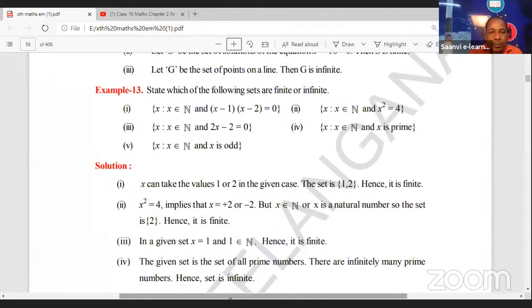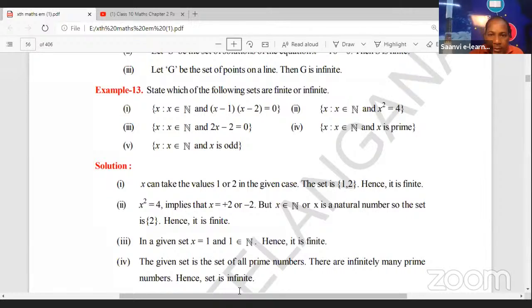See the first example: {x such that x belongs to N and (x minus 1)(x minus 2) is equal to 0}. It means x values should be natural numbers, 1, 2, 3, and the equation is given, (x minus 1)(x minus 2) is equal to 0. So we have to state whether it is a finite set or an infinite set.